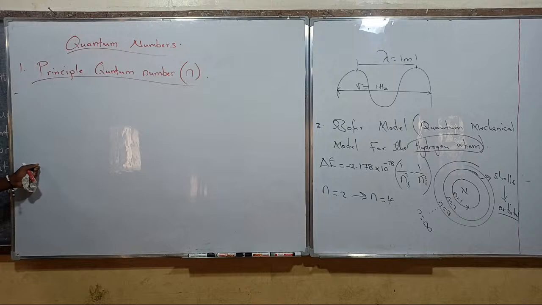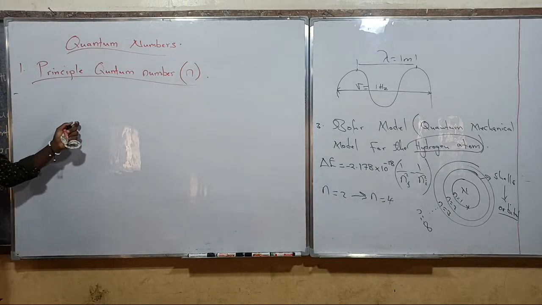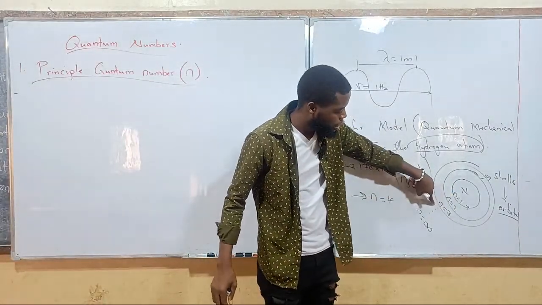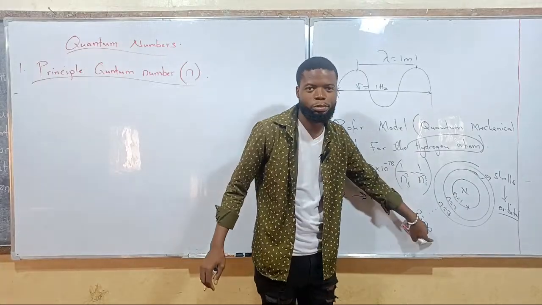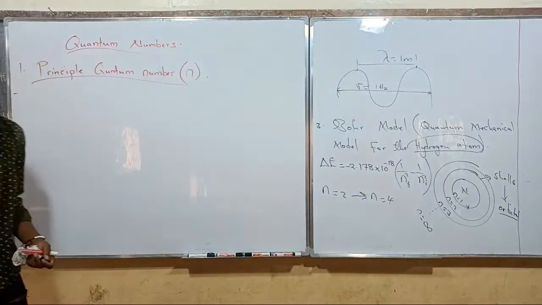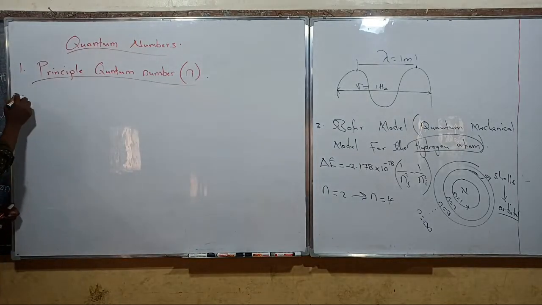What you need to know about this quantum number is that it has values of n equals 1, going up to n equals what? To infinity. So it has all the positive integral values from 1 up to infinity.